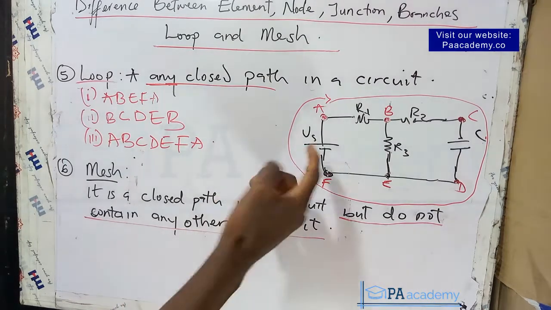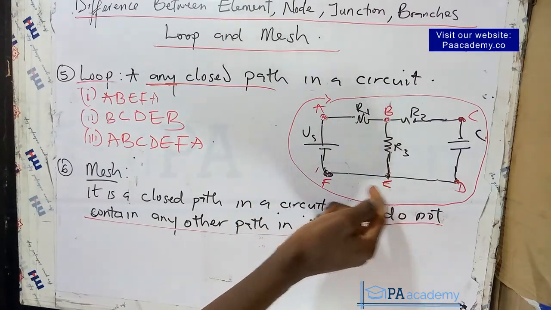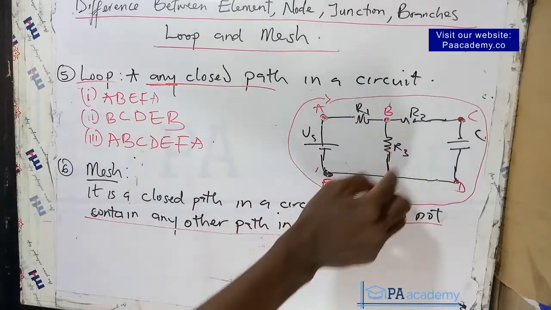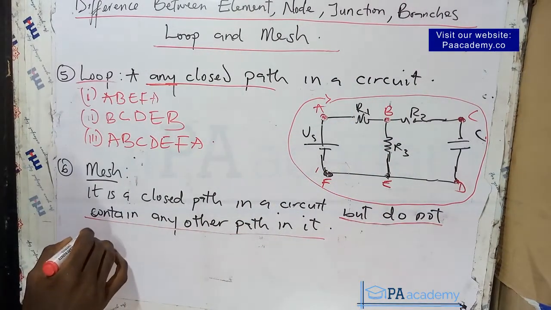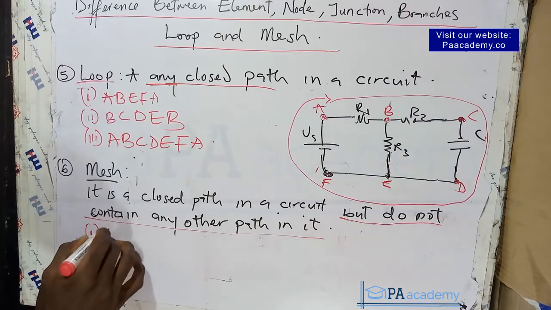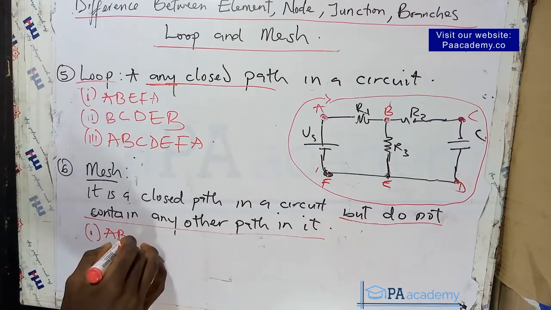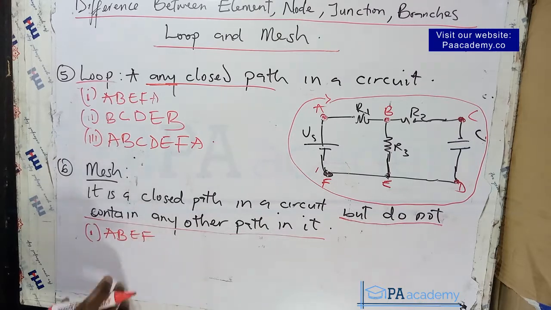Now if you look at A, B, E, and F, it is a closed path and there is no other part in it. So that makes A, B, E, F a mesh. I hope that is clear.